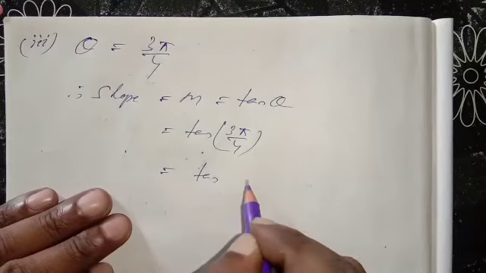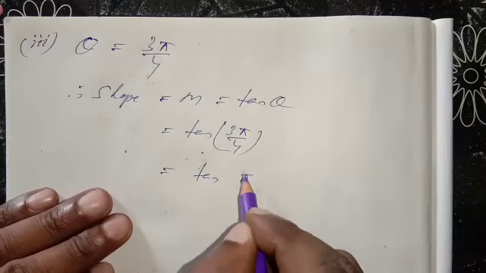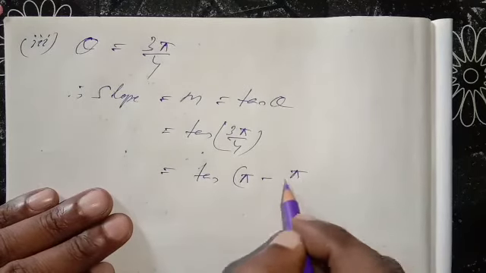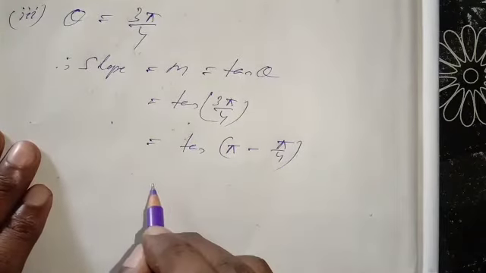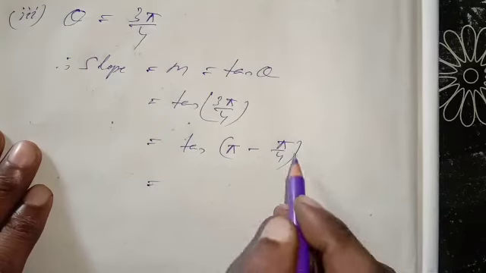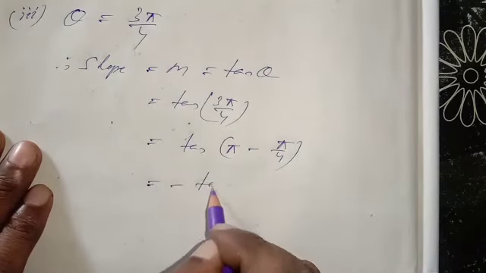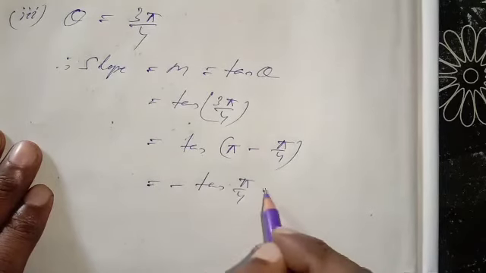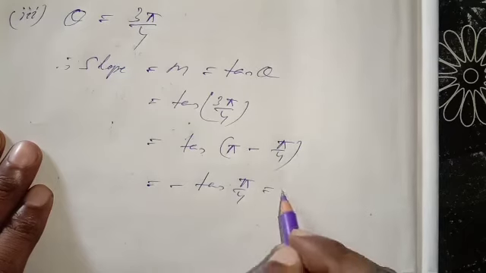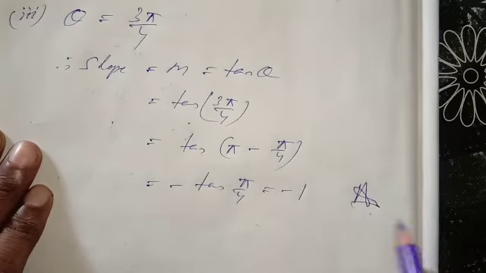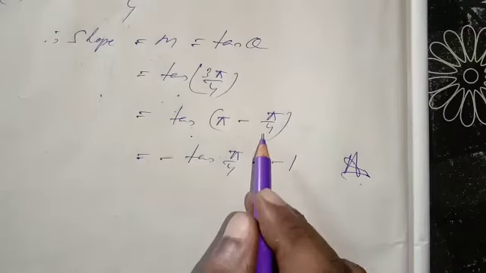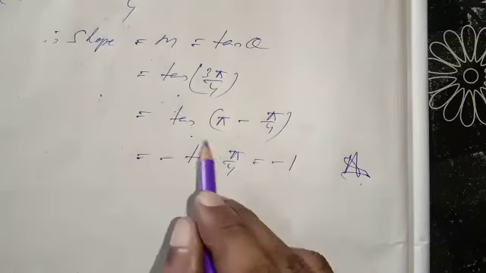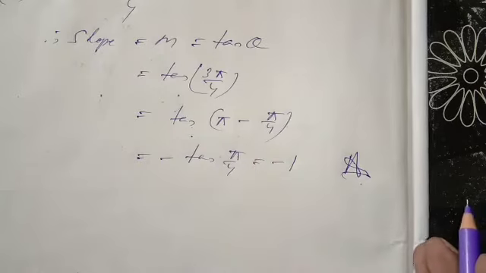We can break it another way also: tan of pi minus pi by 4 is 3 pi by 4, and tan of pi minus theta is minus tan theta, so it is minus tan pi by 4. Tan 45 is 1, that means minus 1. This is the way of breaking. If you have not memorized it, tan of pi minus theta means the second quadrant, and tan of pi minus theta is minus tan theta.